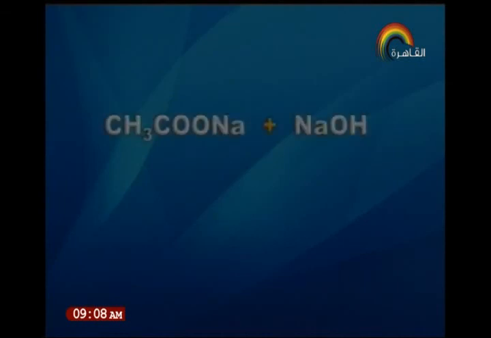What about the equation? Don't forget, any preparation should have an equation. You have sodium acetate, CH3COONa, plus what? Yes, caustic soda, NaOH. Directly, we have an answer. Take care, you have heating and the soda lime. Soda lime, it means what? It's lime. Good, CaO.